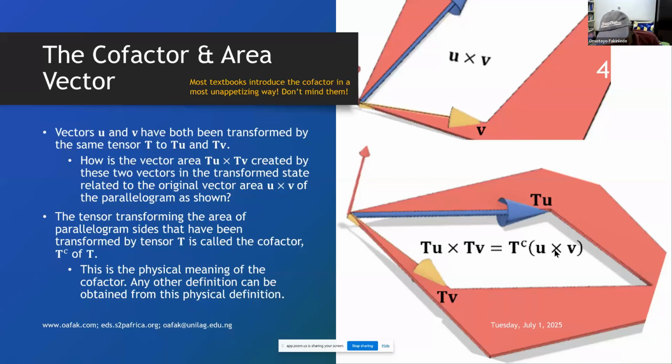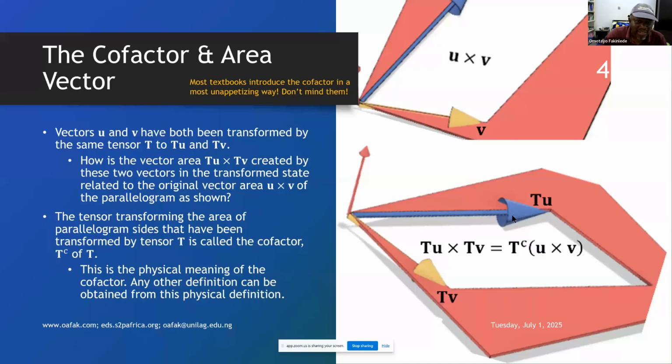Every other definition you see, whether it is in a math book or in an engineering book, we can derive that definition from here. This is the physical, important, practical definition of the cofactor. And this is what makes the cofactor important enough for us to study. So, vectors u and v have both been transformed by the same tensor t to tu and tv.